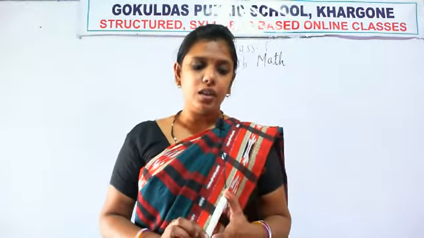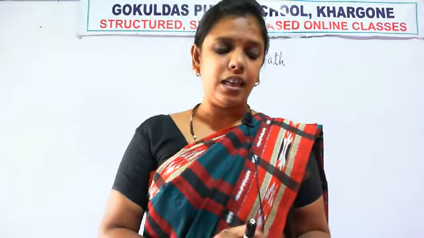Now again I am here for your online lecture of subject maths, and I have told you in our last lecture that we have completed our syllabus for half yearly exam, that is chapter 1, chapter 2 and chapter 3. Now what is remaining? Only the revision time that is given on page number 54 in your maths book.